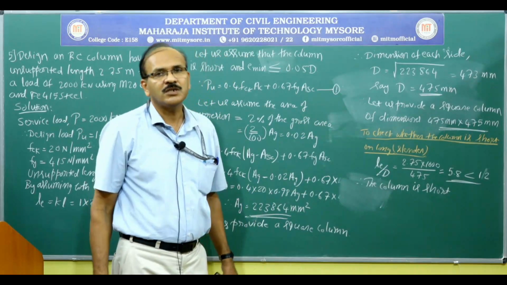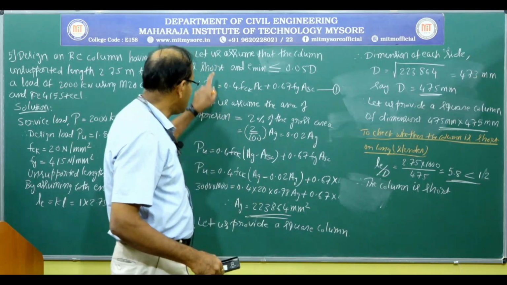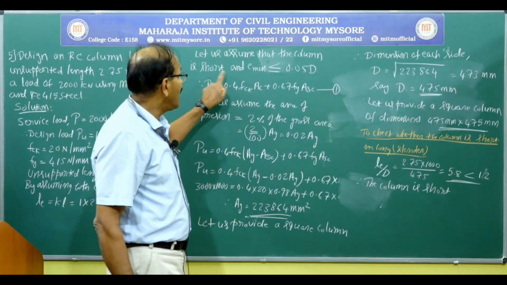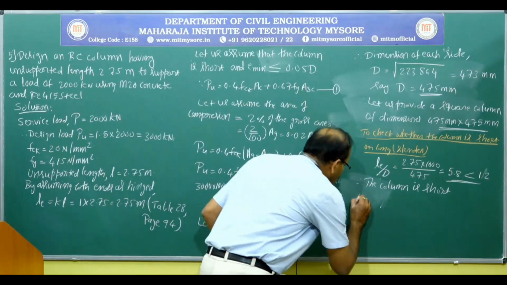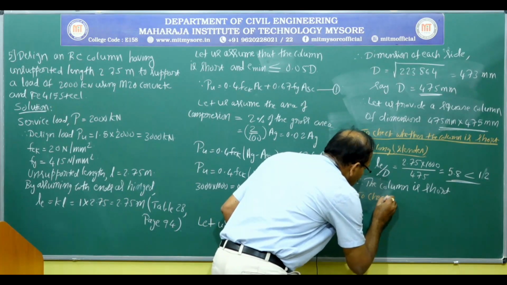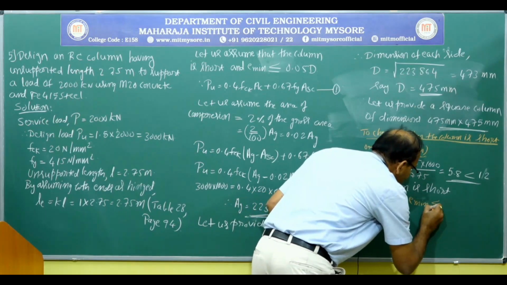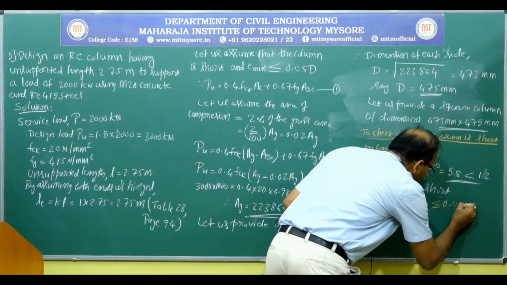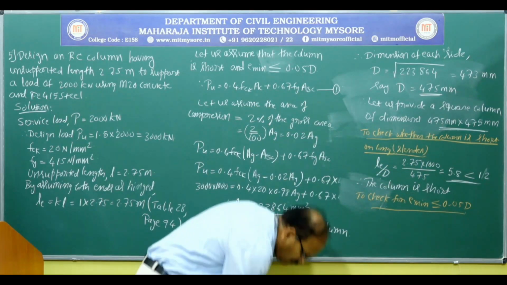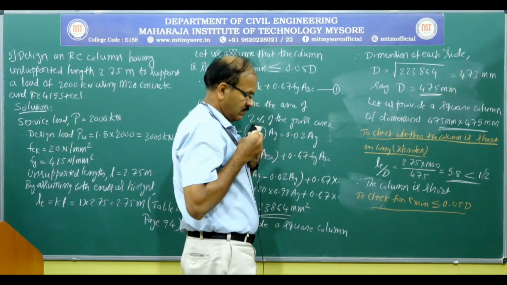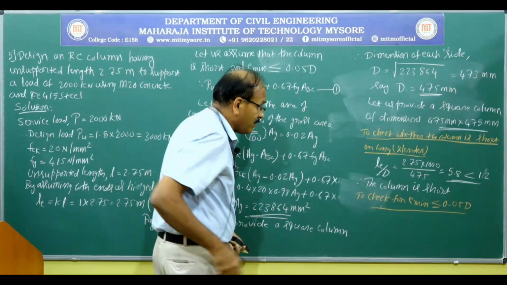The column is short. So what is the next condition we need to satisfy? This condition is satisfied, and we need to check this one, that is to check for e minimum less than or at most equal to 0.05 D. So let us find out what is e minimum.